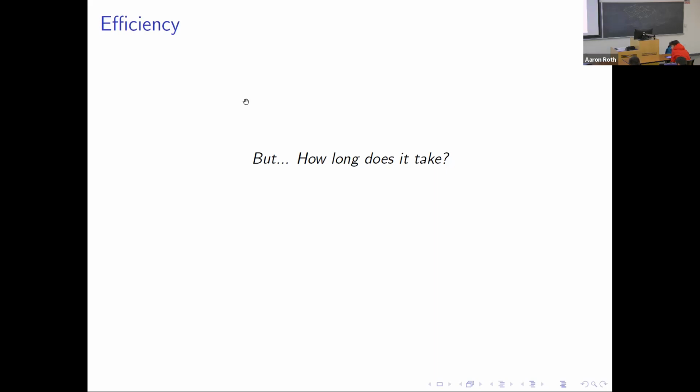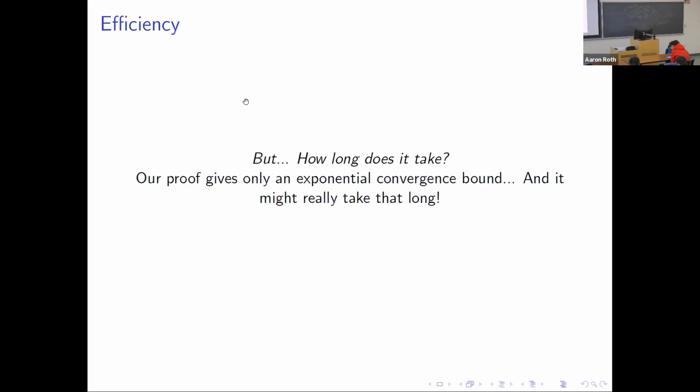So it doesn't mean it's going to be fast. Although I'm not going to give the example, you can draw graphs and give orderings of players that conform to how we defined better response dynamics that really do take exponential time to converge to a Nash equilibrium.